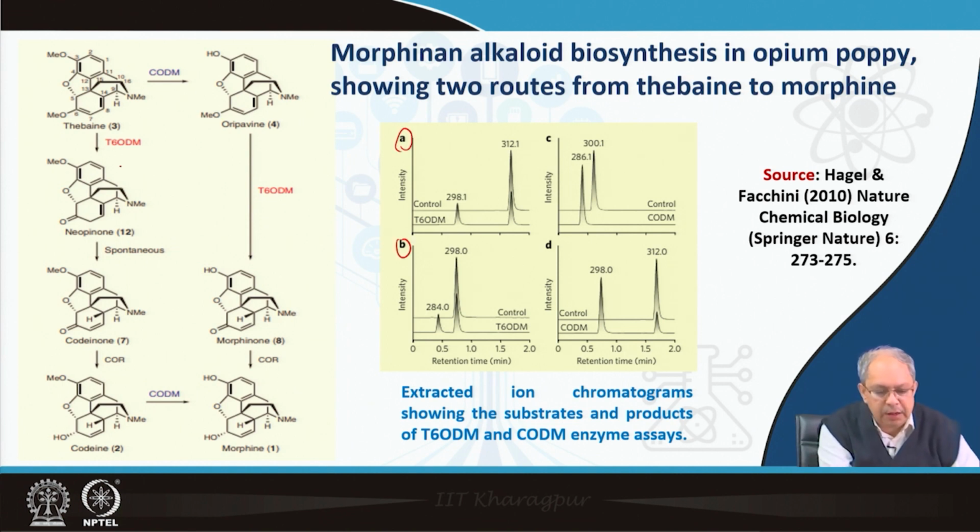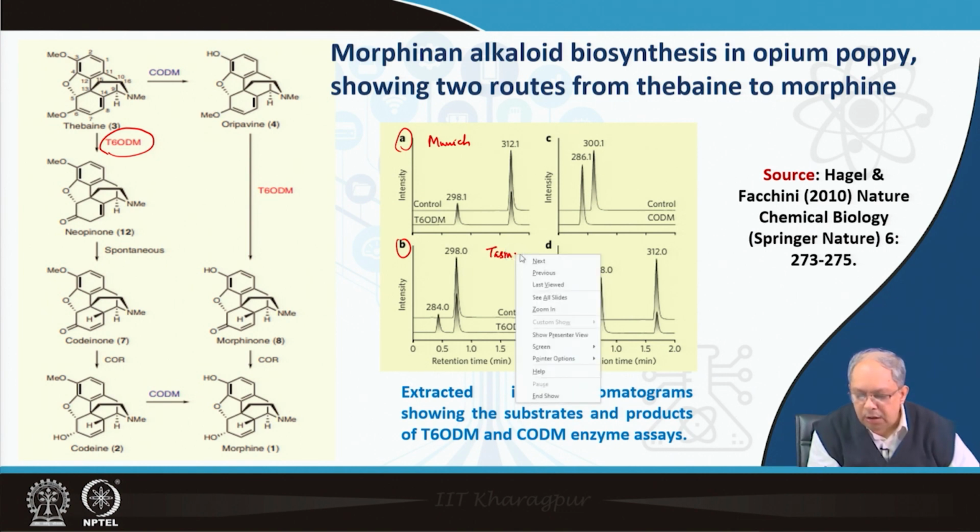A is basically the T6-ODM from the Munich variety, and B is the T6-ODM from the Tasmanian variety.